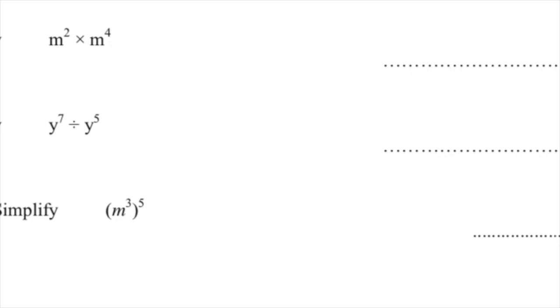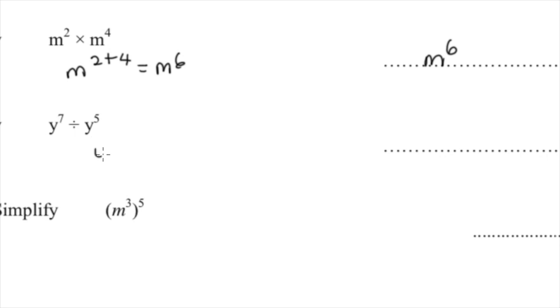Then the last question, question number 3, it says simplify m to the power of 2 times m to the power of 4. So we add the powers, which will be m to the power of 6. And then for this one, simplify y to the power of 7 divided by y to the power of 5.